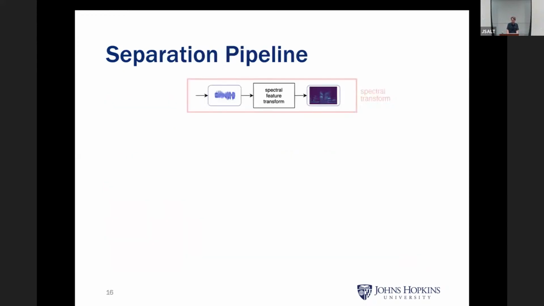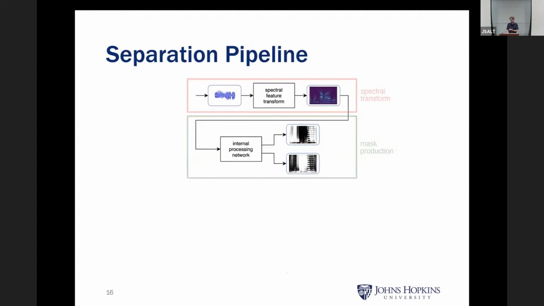And just to briefly walk through the pipeline, it's very similar to the mask-based enhancement from before. You take an input speech signal and project it into some sort of spectral domain.